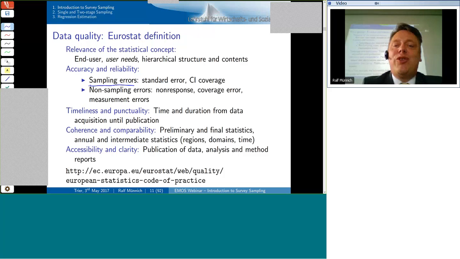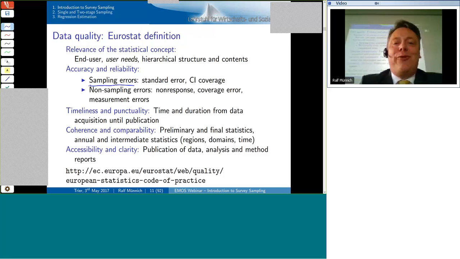But also, of course, non-sampling errors. I try shortly to tackle that a little bit in the variance estimation part in the next lecture, because certainly this can have huge impact. You have to correct for non-response, but in the basic part today, I will somehow assume that we have no non-response. I know it's a little bit kind of wonderland.